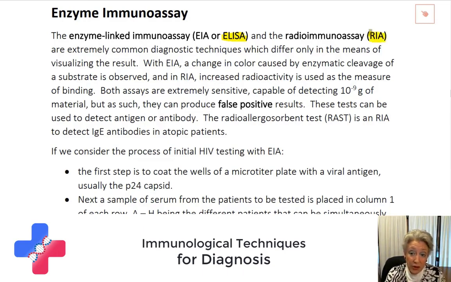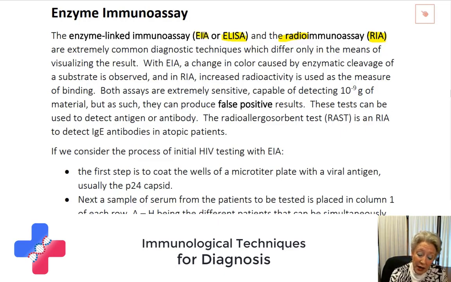The only difference is in the actual final step where I'm adding the material that will cause me to see a change in the result. So, as you might anticipate, the radioimmunoassay is going to add radioactivity so that an increase in radioactivity would be detected on something like radiographic film.